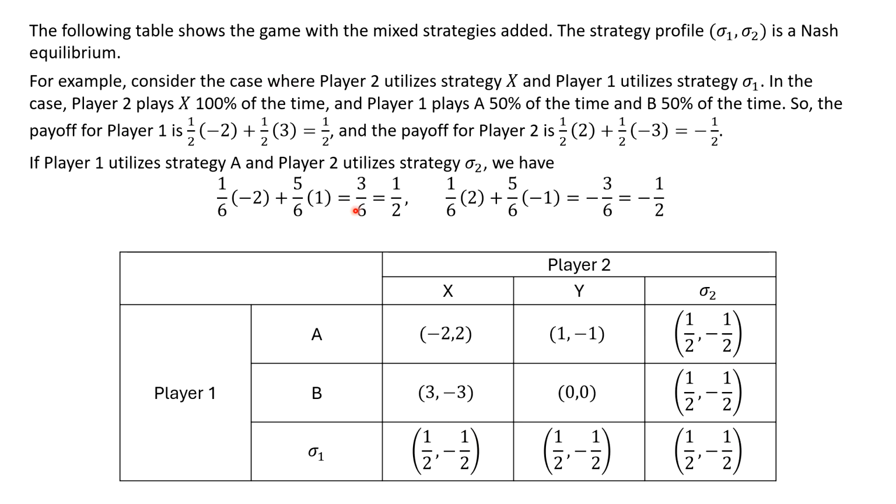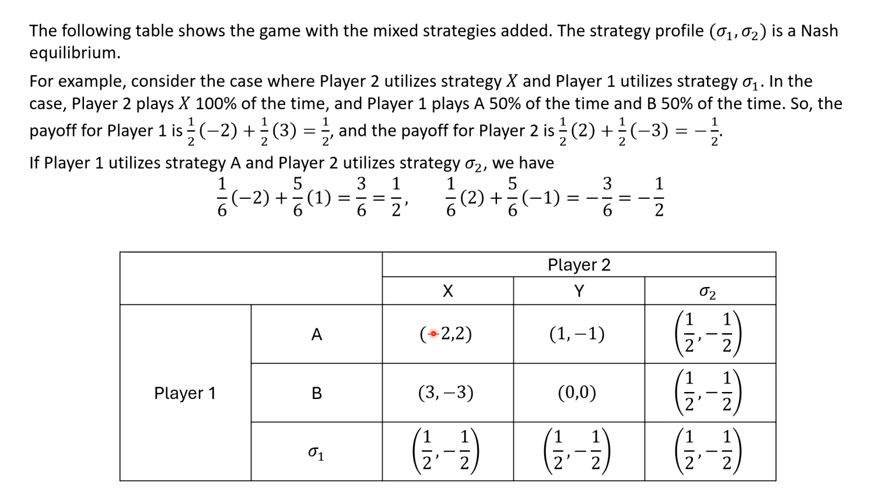I'll just do a few. Since we've done an example of this before, it's the same idea. So for example, consider the case where player 2 utilizes strategy X and player 1 utilizes sigma sub 1. So here and here. And we want to compute the payoffs.